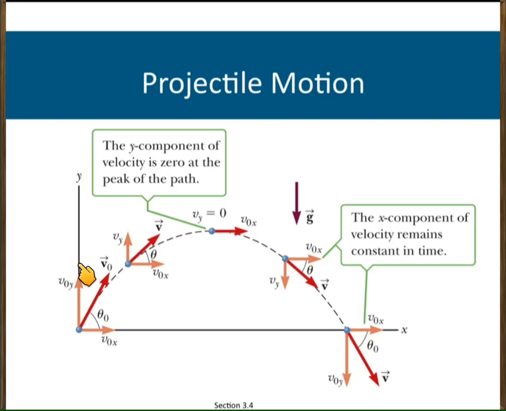Initially, you have this vertical orange vector. Later, the direction of the orange vector is the same, but it's shorter now. Right at the top, the object momentarily does not have any velocity in the y direction. So at the top, as you see here, vy is equal to 0.